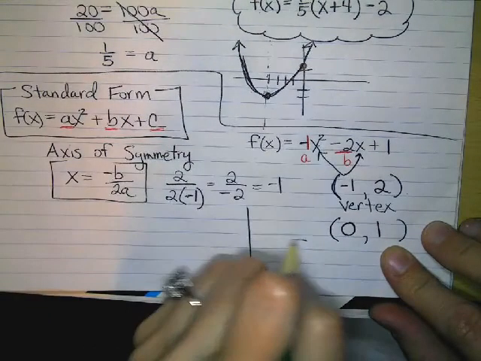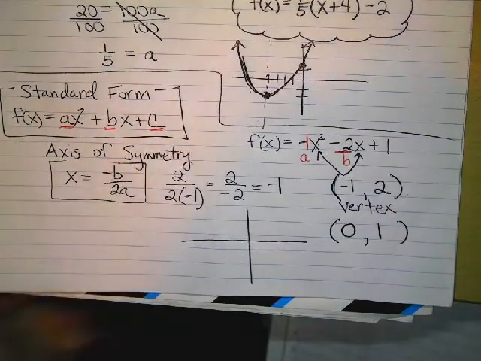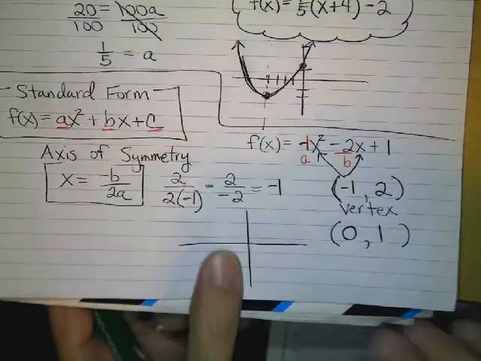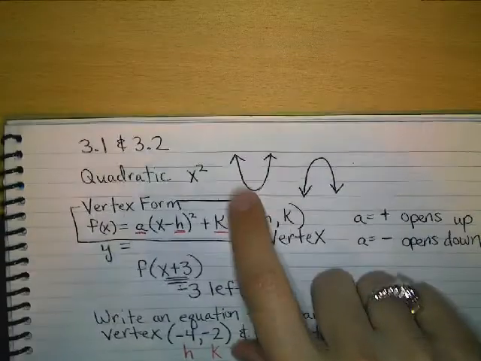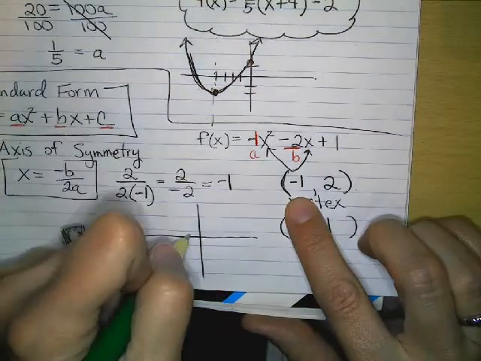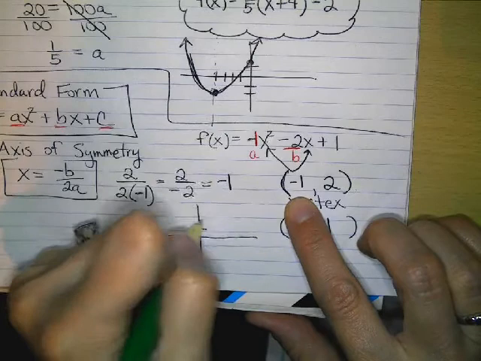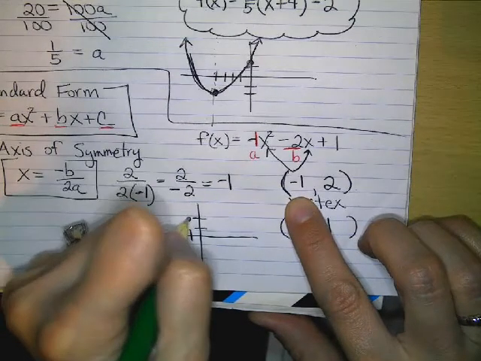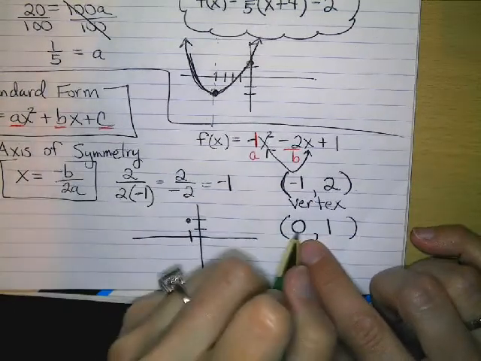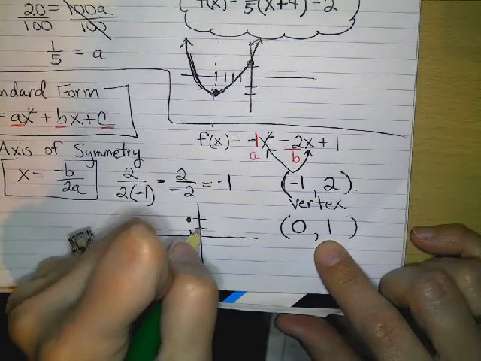You'll be able to click on the graph, and you know how the graphing tool comes up on your computer, and you'll be able to click on the parabola shape that you need to make. And you go over to negative 1, 2, click on your graph, and then click on 0, 1 that we just got.